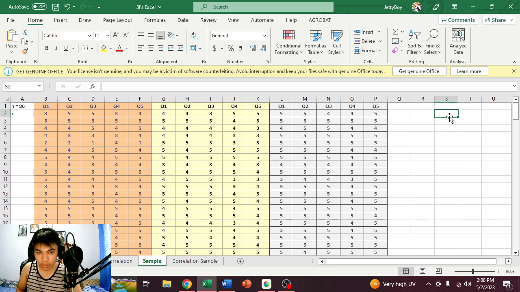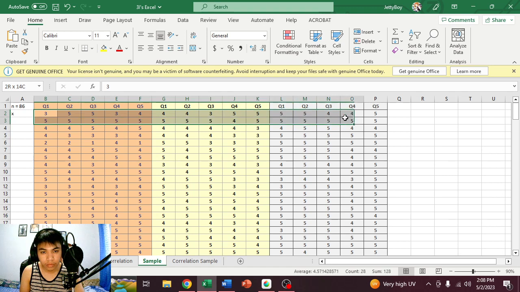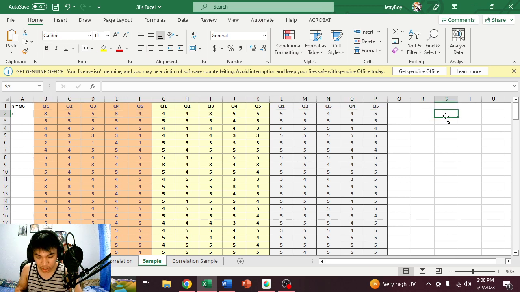So if you look at this row, that is the response of one respondent in the questionnaire that we administered to them. So we need to get the sum of that.